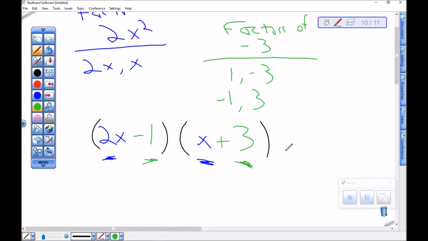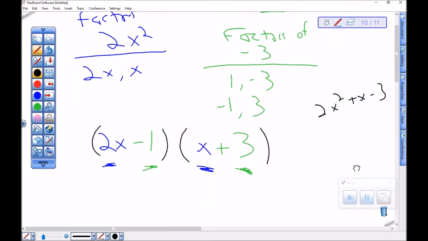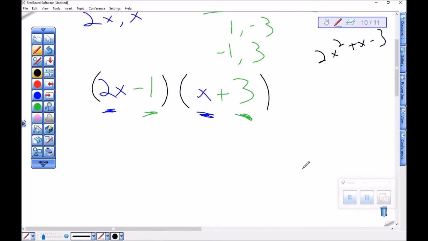Okay, maybe that's the answer. Maybe that multiplies together to give me 2x squared plus x minus 3. So let's see. We will check using our FOIL idea here, or however you multiply binomials together.